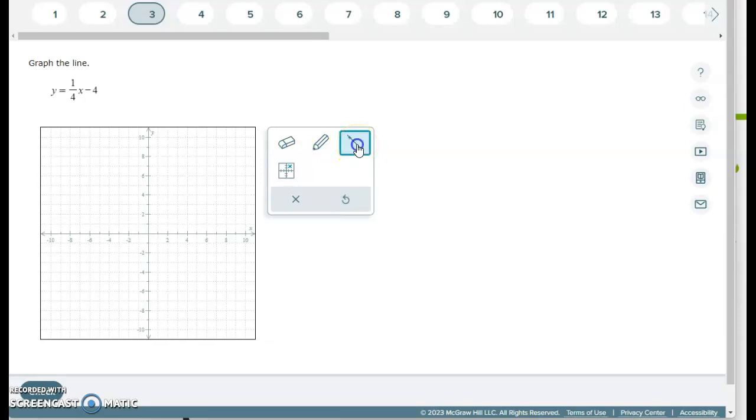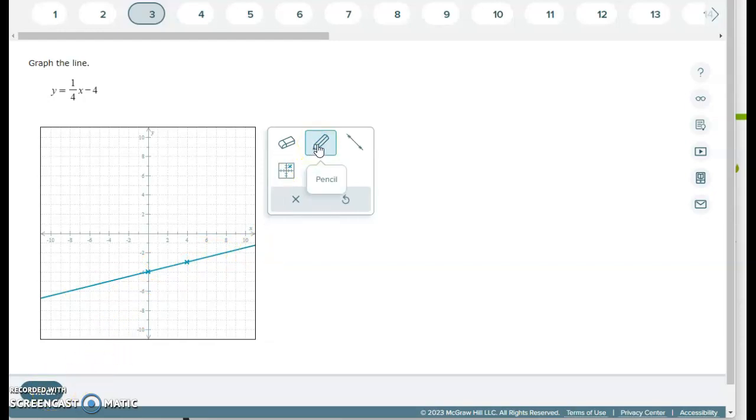There's a couple ways you can approach this. I like to use this line tool, and I will place the point. You've got to be very careful. Place the point at -4, that's the y-intercept, and then you want to go up 1 and run 4, and you place your second point. I'm just clicking to place the second point, and now that I've got the 2 points, this program draws the line for me.